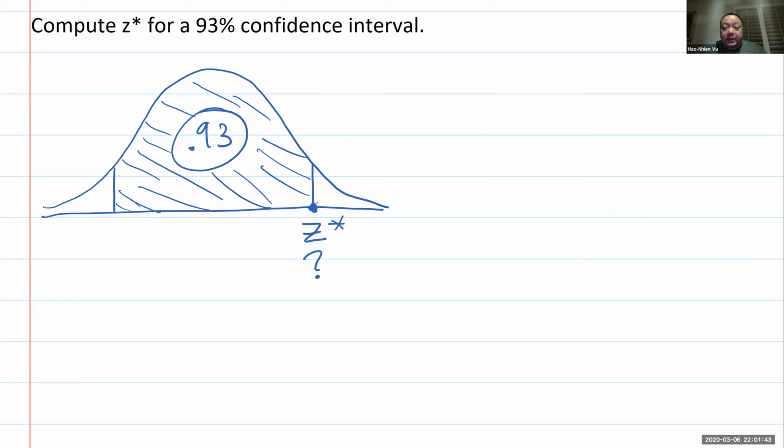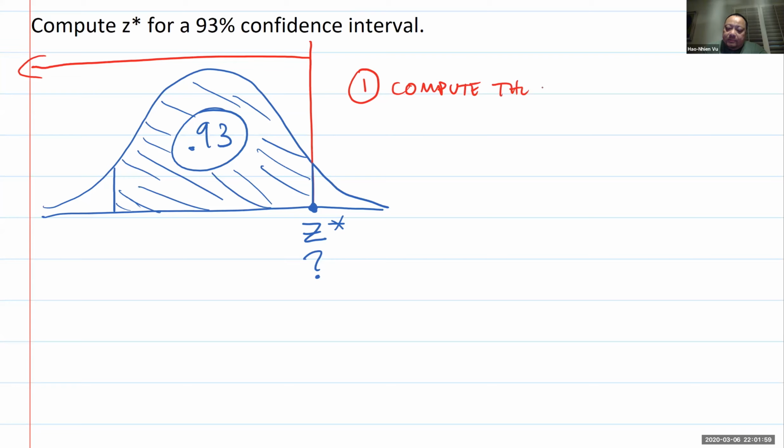If we want to be the same as the diagram in the table, then we need the complete area to the left of z, okay? So that means the first thing we need to do is compute the area to the left of z star.